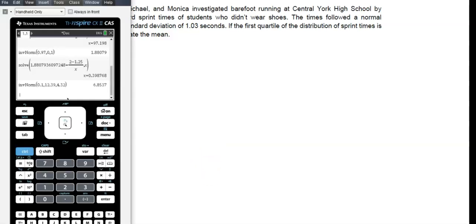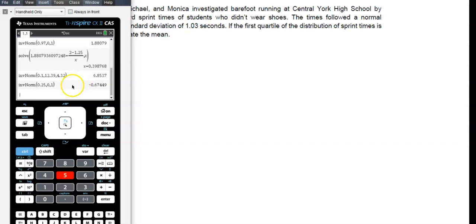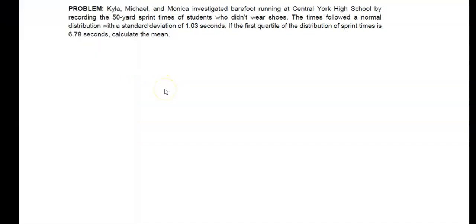So menu 653, .25. Let's just do the z-score of that. So we know the z-score is negative 0.67. So we can plug that into the formula.